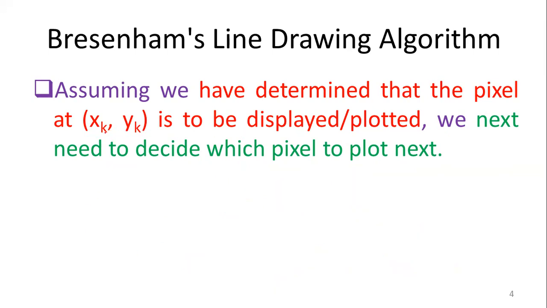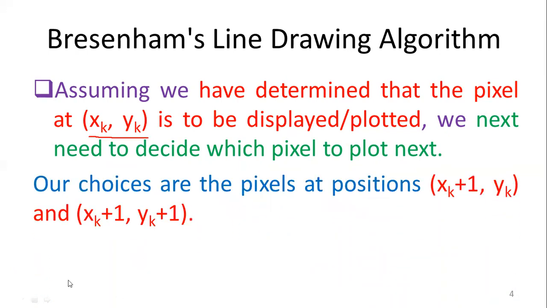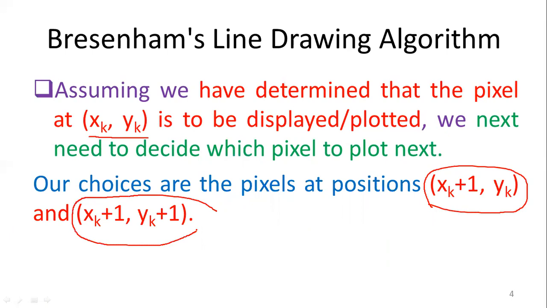So the point is this: if the current pixel that was plotted is xk, yk, then the next pixel to be plotted will be either xk plus 1 comma yk, or xk plus 1 comma yk plus 1.